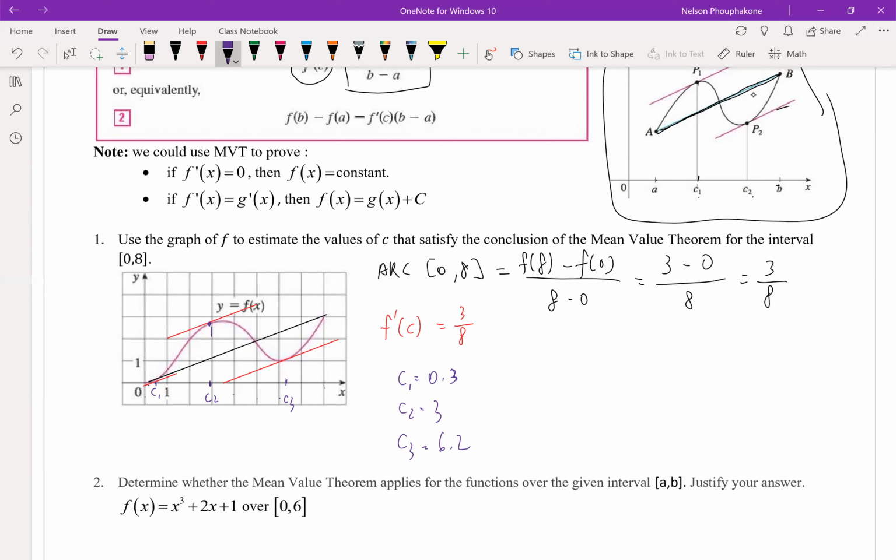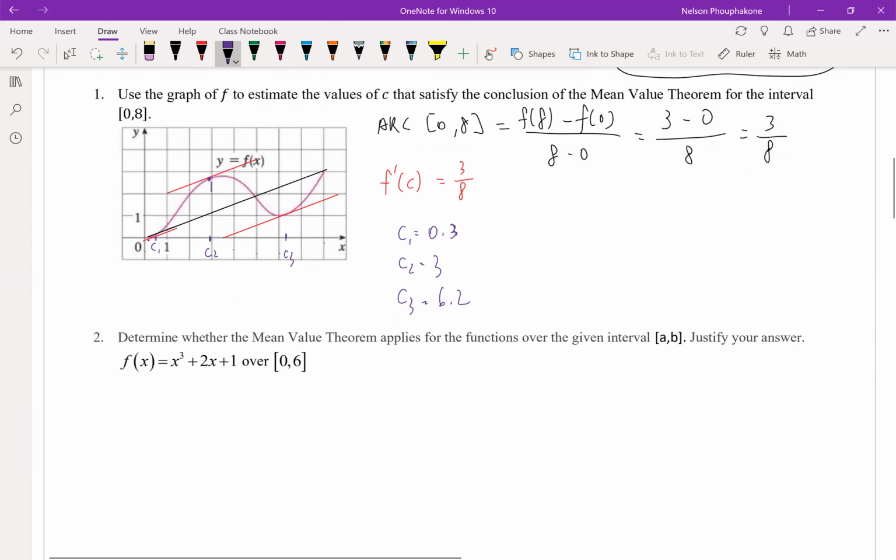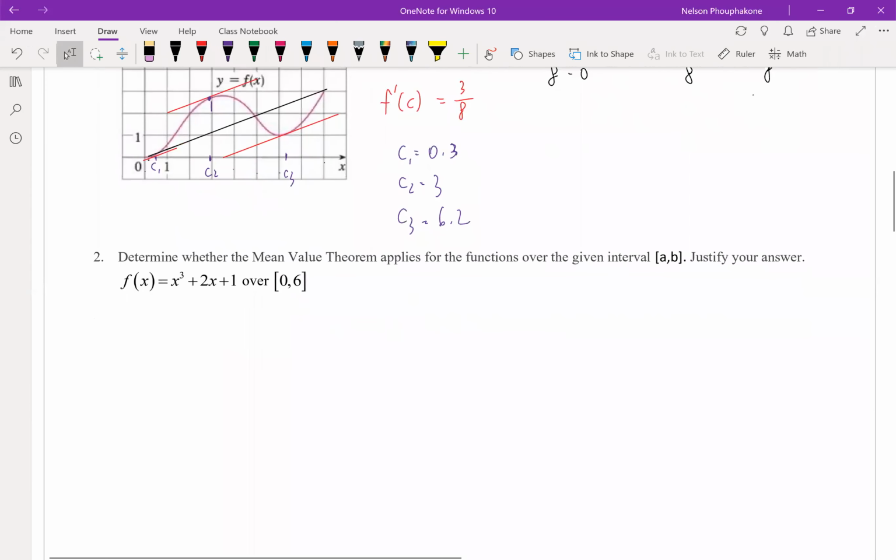Okay, now let us look at the second example. The second example is: determine whether the mean value theorem applies to the function over the given interval, in this case x equal to 0 and x equal to 6. Justify your answer. First of all, we notice that the function f is a polynomial function.